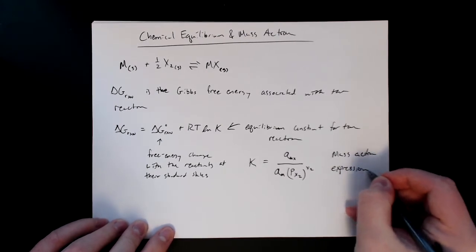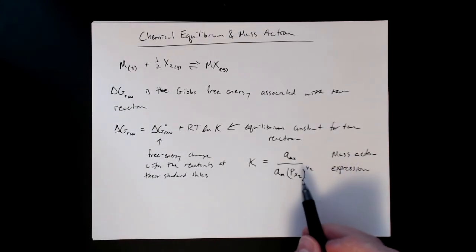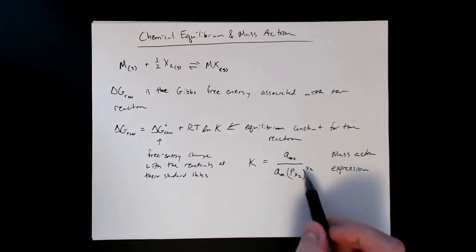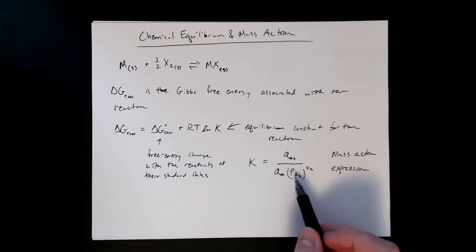This equilibrium constant expressed in terms of activities, but we're going ahead for the gas and subbing in the partial pressures. And remember, our definition of the activity was equal to the partial pressure over its standard state, which was 1 atmosphere. So inherently there's a divided by 1 atmosphere in this expression here.